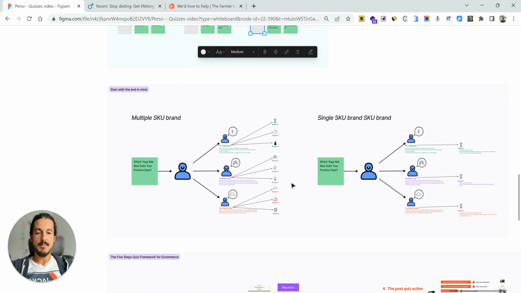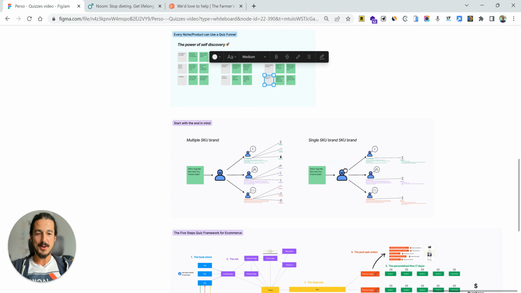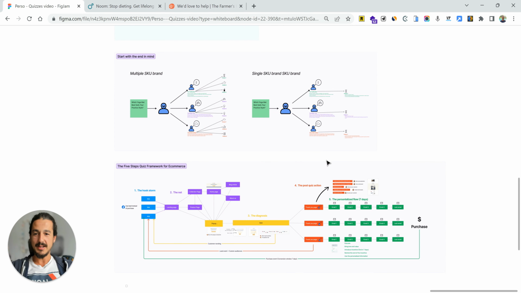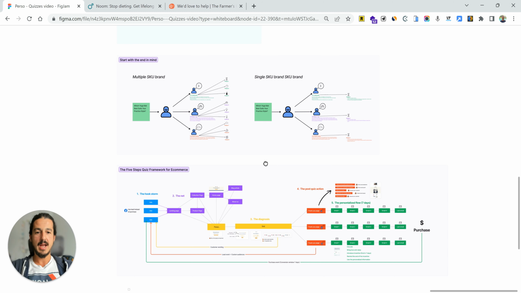Okay, now we are going to enter the hard part. So probably the most interesting part of this video: how do we create this kind of quiz funnel? And it all starts with the end of the funnel.